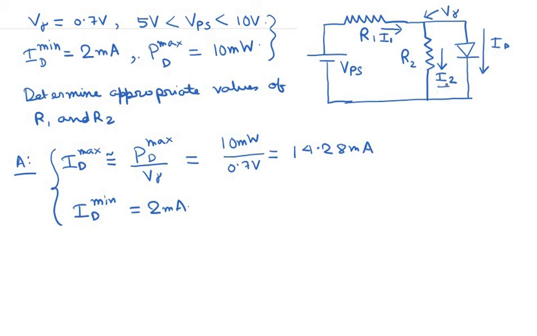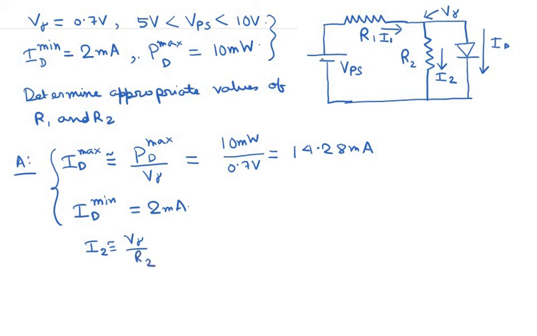So here the current through this diode is maximum when this voltage VPS is maximum. Why? Because the current through this resistor R2 is V gamma divided by R2. The voltage at this point is V gamma. So I2 is approximately constant and is approximately equal to V gamma divided by R2.